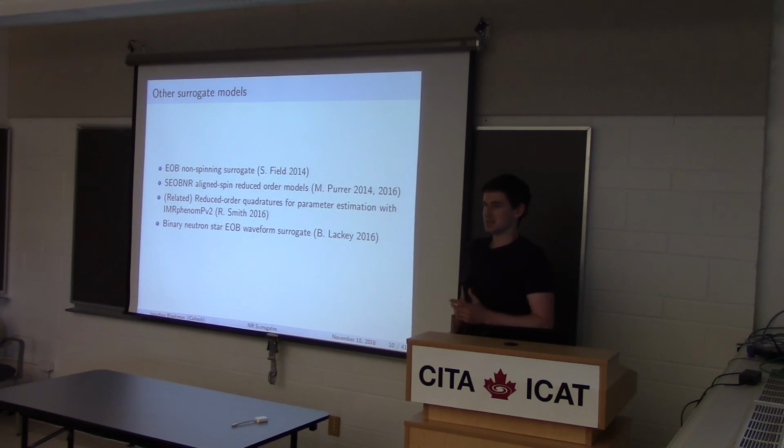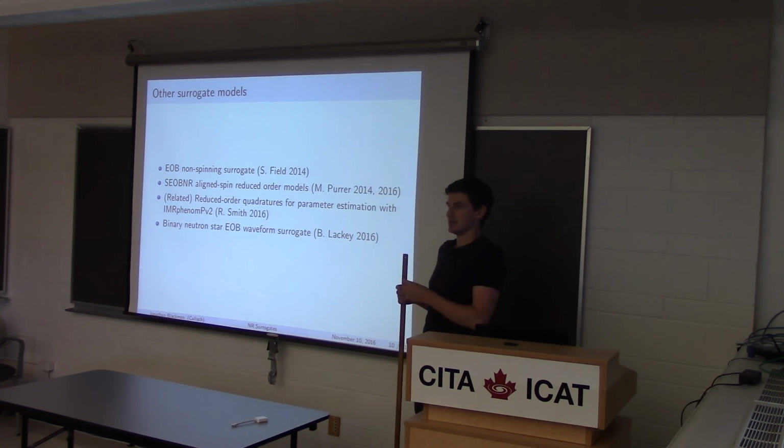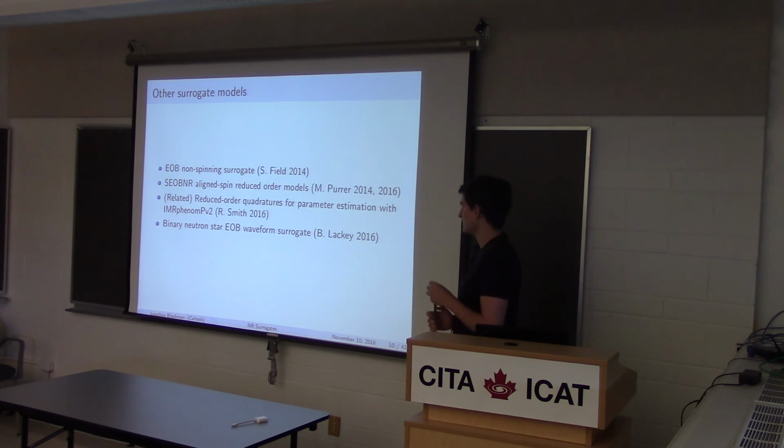If you have a linear basis for your waveform, you can build reduced order quadratures and do very fast parameter estimation where you don't have to take so many inner products between your data and the predicted waveforms, which can speed it up by orders of magnitude. And surrogate models have also been built for binary neutron star waveforms, including tidal effects.